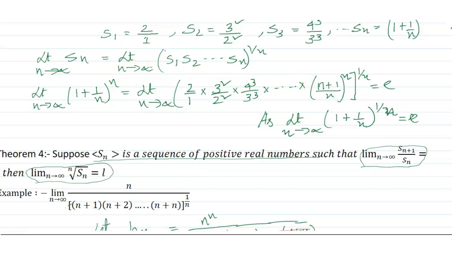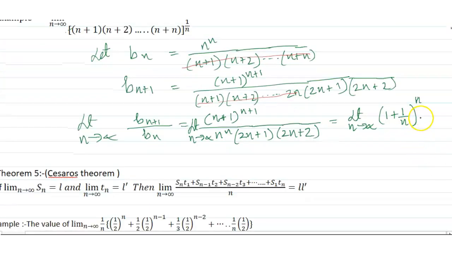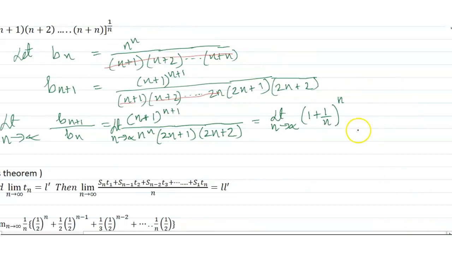Sorry, it is not 1 by n, I have written wrong. It is n whole to the power n into limit n tends to infinity.